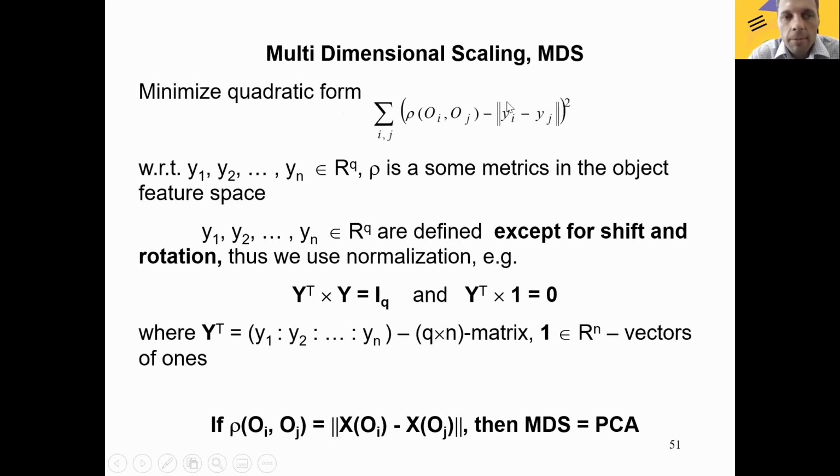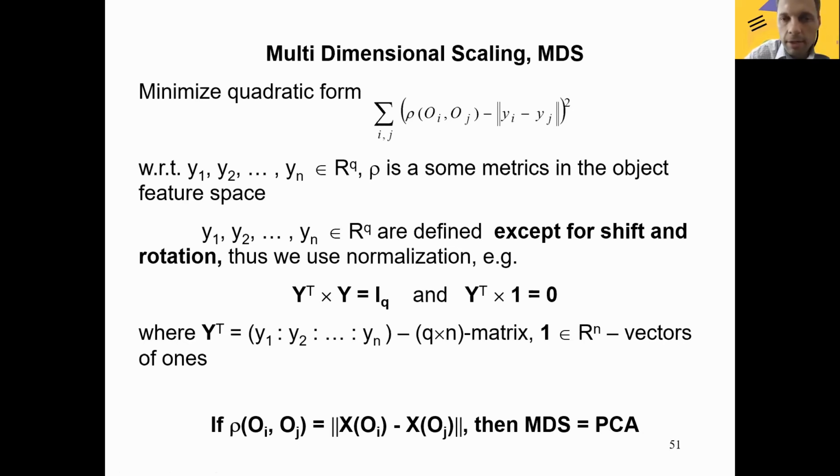And so we minimize this with respect to these lower-dimensional vectors y. What is interesting is that the solution of this optimization problem is equivalent to standard principal component analysis if the distance between objects is calculated as a Euclidean distance between their vector descriptions.